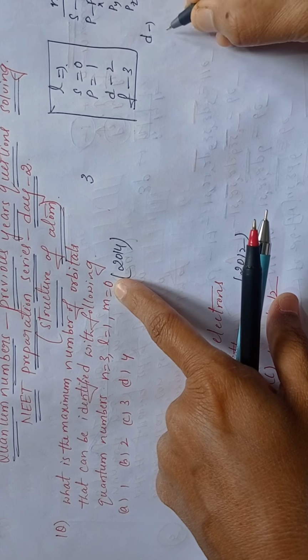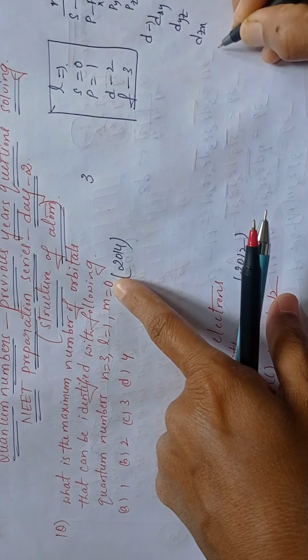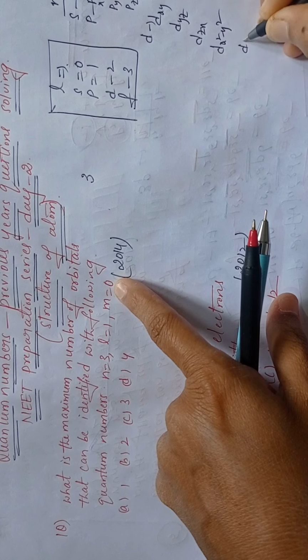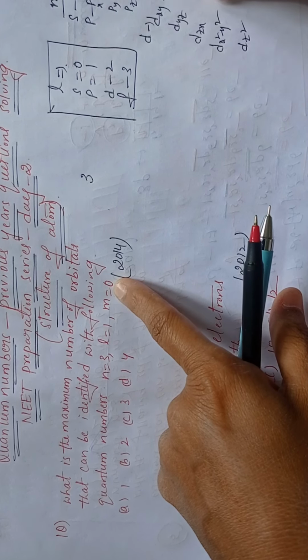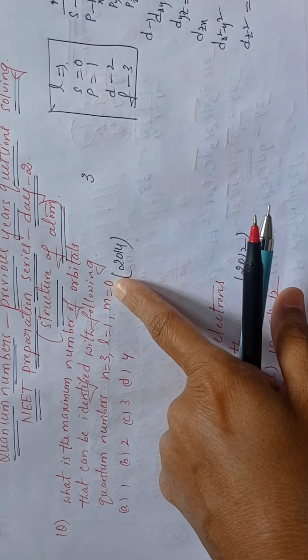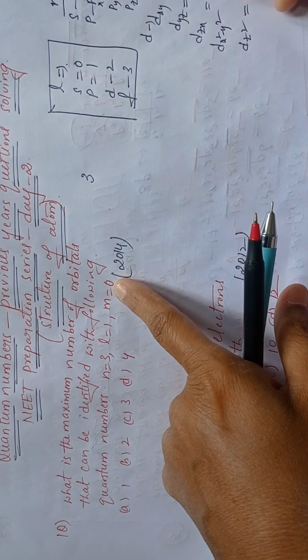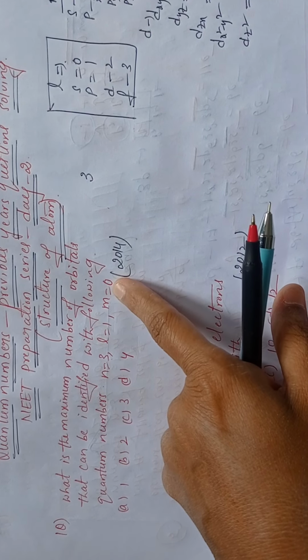For d subshell here we have dxy, dyz, dzx, dx square minus y square, dz square. Their m values are minus 2, minus 1, 0, plus 1, plus 2. Are you clear, students?